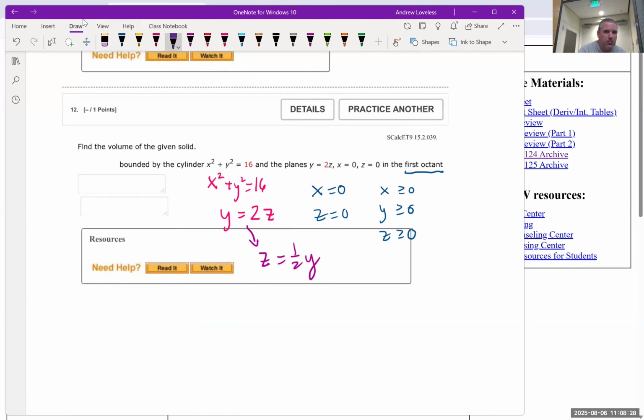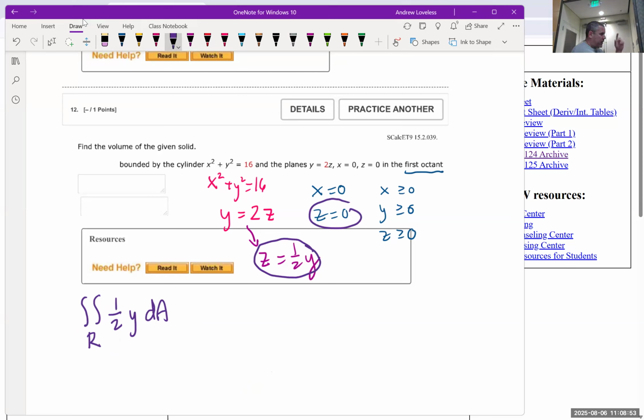Okay, so I've decided that I'm going to do everything with z as my output variable. Now I have to remember when I use that tool, it finds the volume to the xy plane. But that's good because the question wanted the volume to the xy plane. So we've taken care of that.